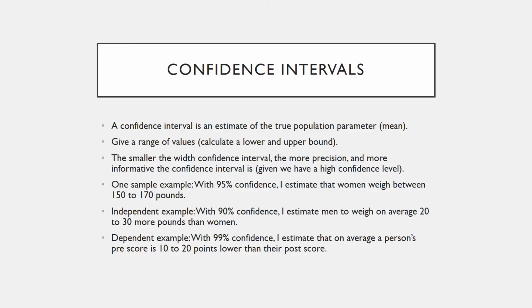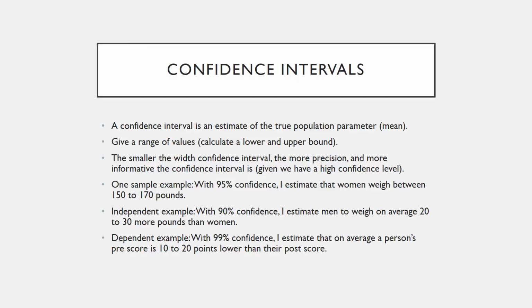But if I said you guys did better, and more specifically I said with say 95% confidence that you guys did between 9% and 11% better than my previous classes. And that's pretty precise. 9 to 11 percentage points isn't a large range, right?